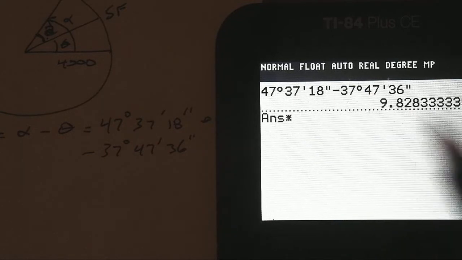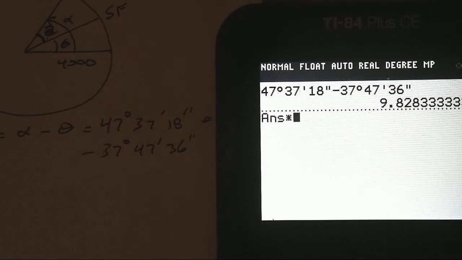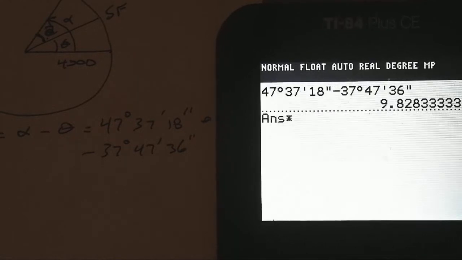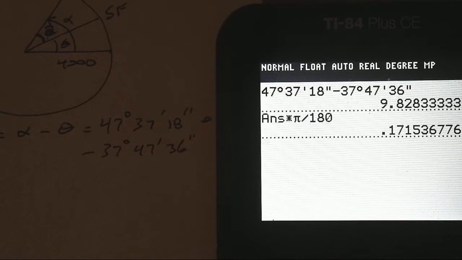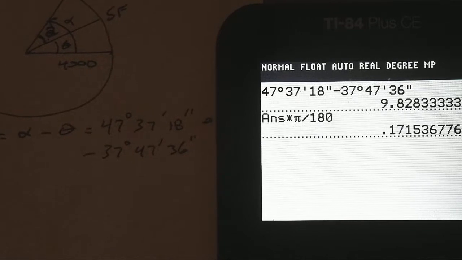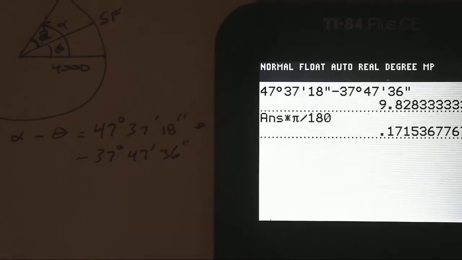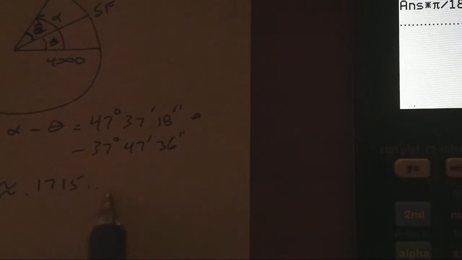We were working in degrees. I want to introduce radians and divide away degrees. So we have 0.171536. We got all of that in there, approximately 0.1715.